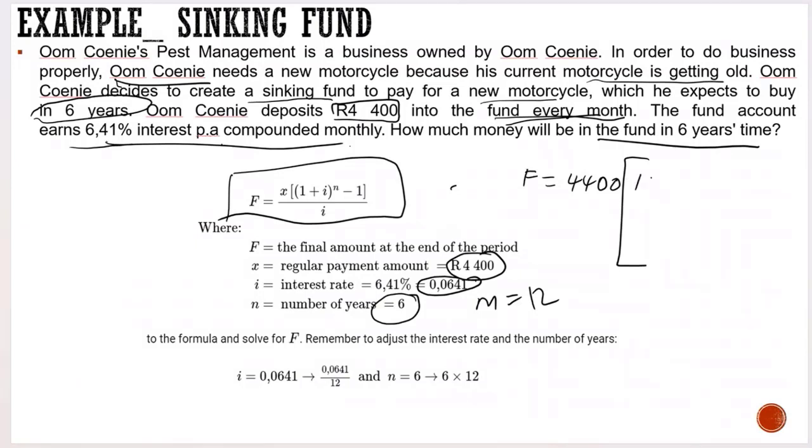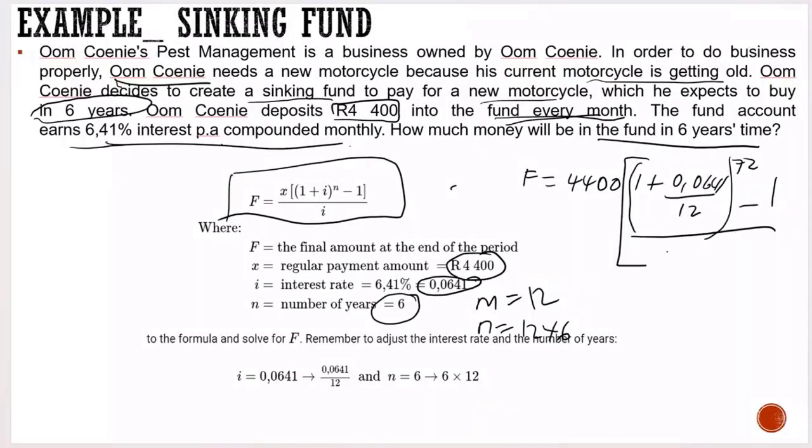Then 1 plus your I, which we write as 0.0641 divided by the number of compounding periods, which is 12, to the power of N. Remember what our N is? Our N is equal to 12 multiplied by 6, which is equal to 72. So you've got 72, minus 1, divided by your I, which is 0.0641 divided by 12.